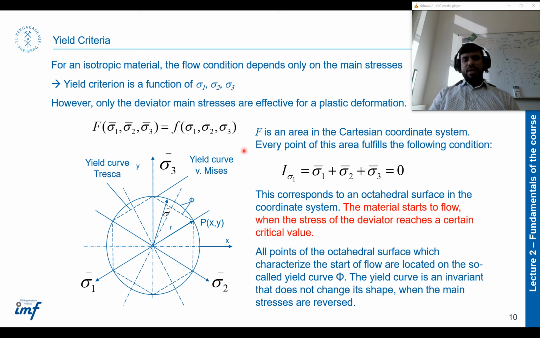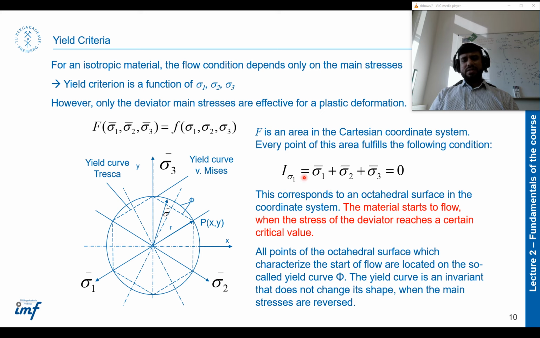F here is an area in the Cartesian coordinate system, and every point of this area fulfills the following condition: sigma 1 plus sigma 2 plus sigma 3, the sum of all stresses, equals 0, and then the material remains within this area.